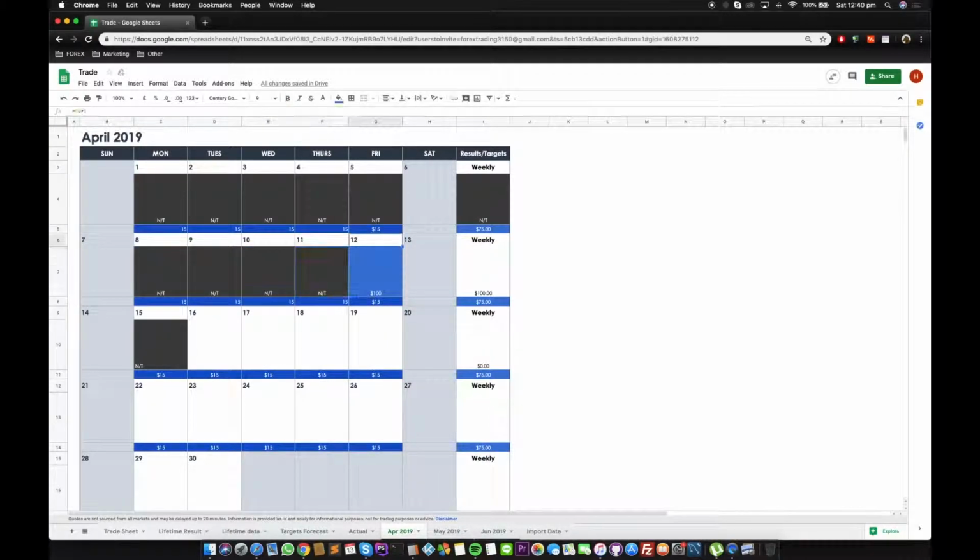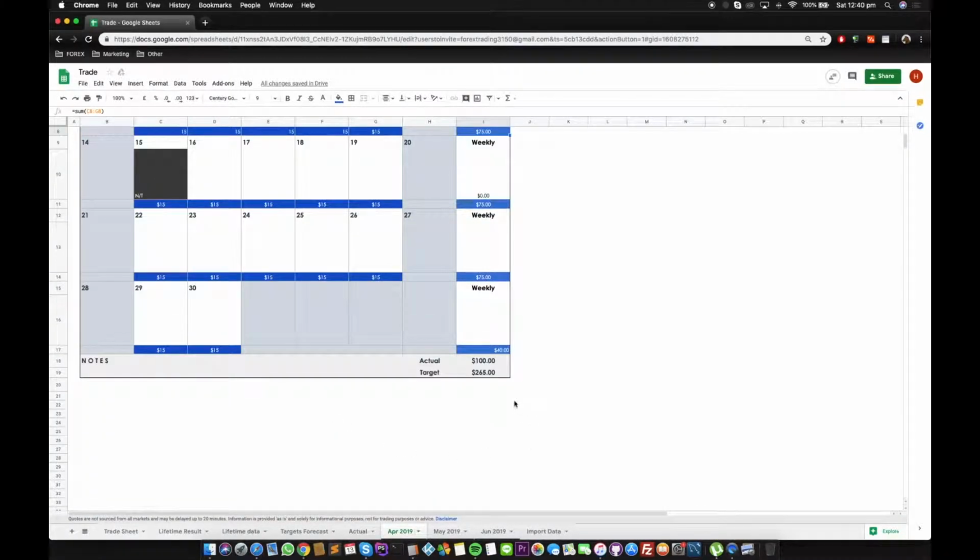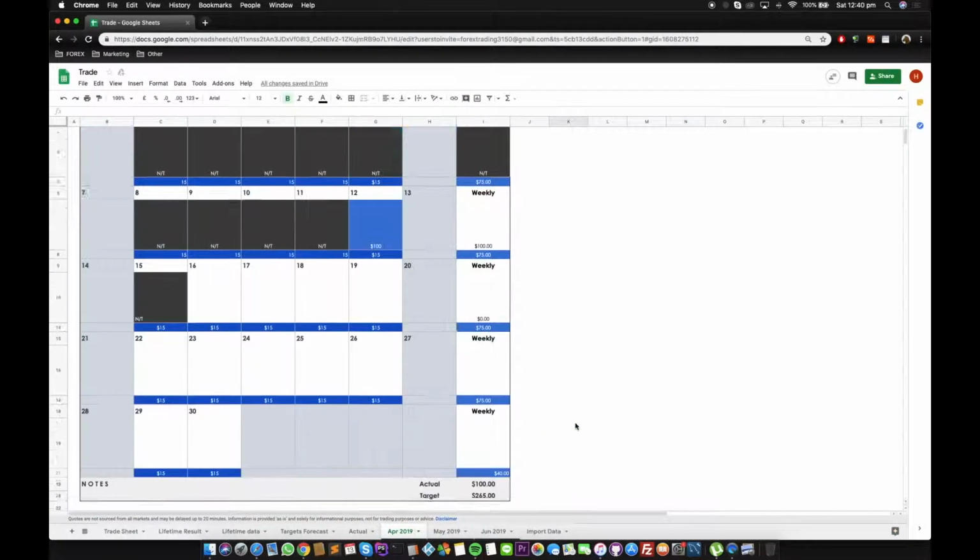So I started last night, Friday. This is real data here, and on the 12th, I actually won $100 profit. But my target was only $15. These black days I did not trade because I only started this project last night, and I am up for pretty much the whole week, which is good to meet my $265 target.